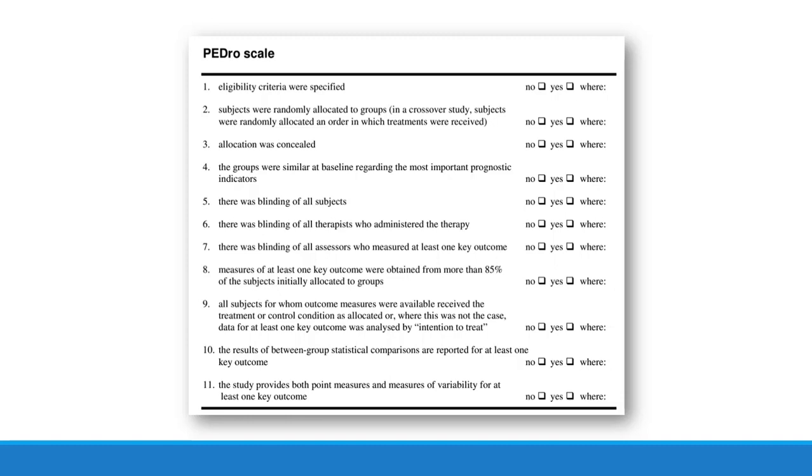So I just share this with you here because as you look at it, it doesn't say anything specific necessarily to physical therapy. So you could plug and chug any intervention in and appreciate how good that study does on this PEDro scale.